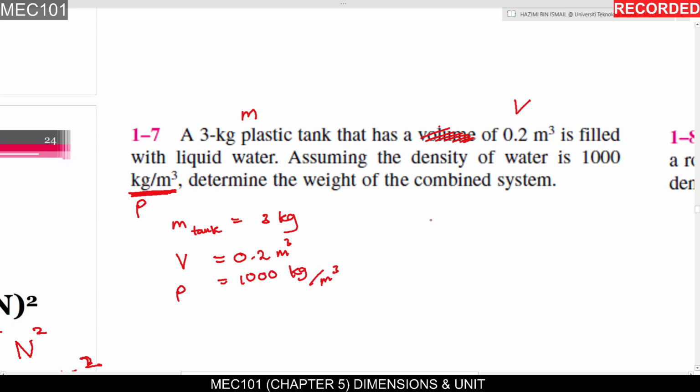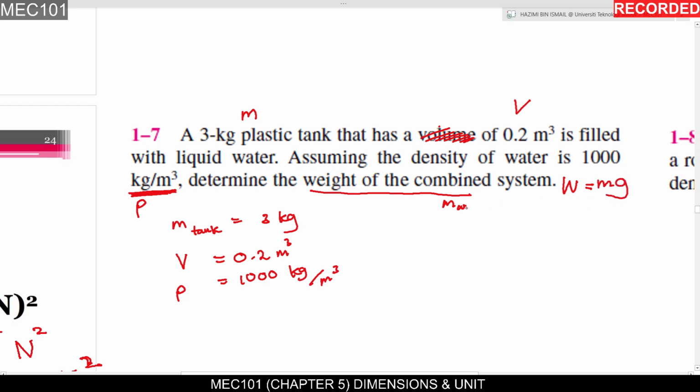And what does the question want you to find? The weight of the combined system. Weight is mass times gravity, right? Weight equal to mass times gravity, mg.